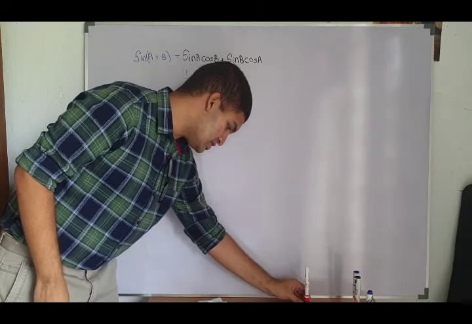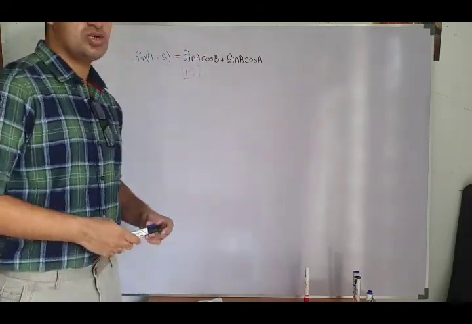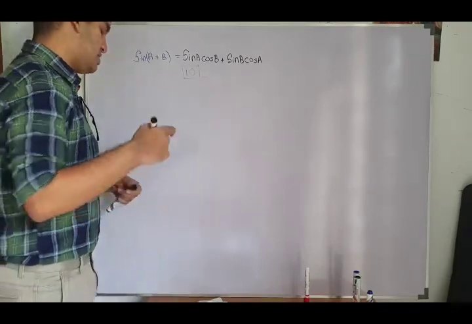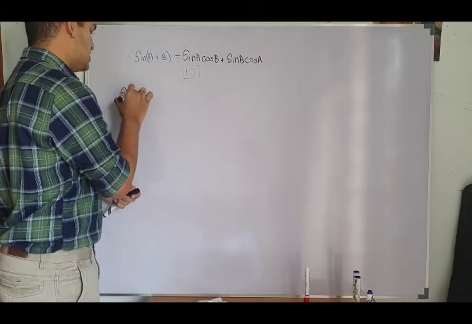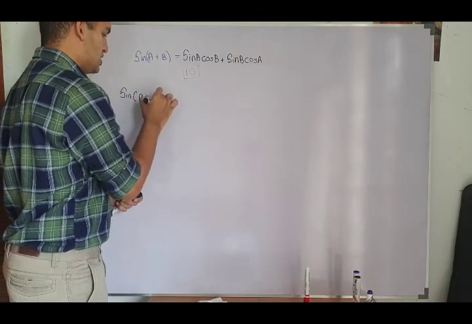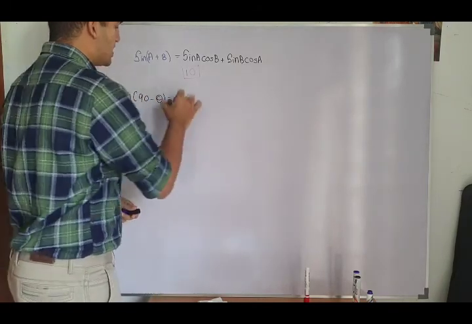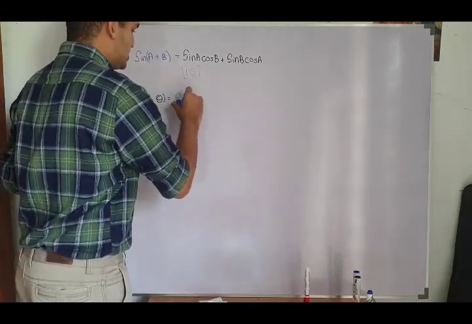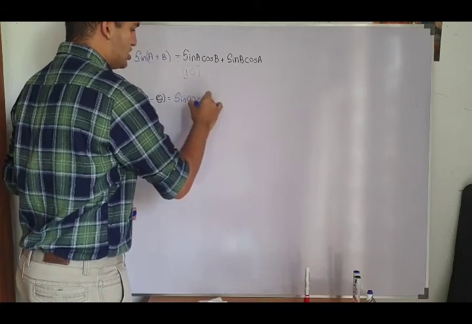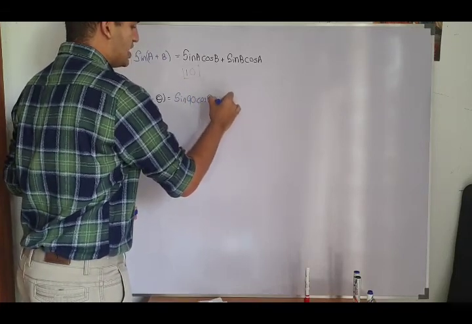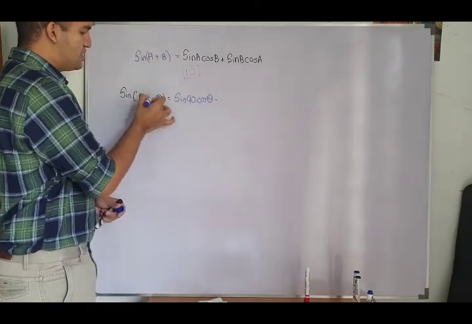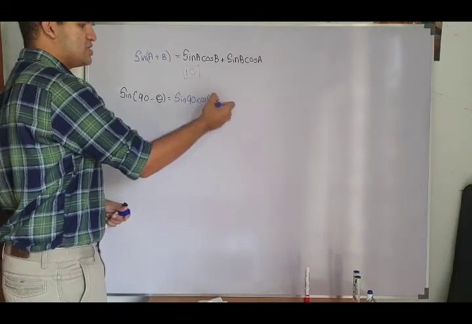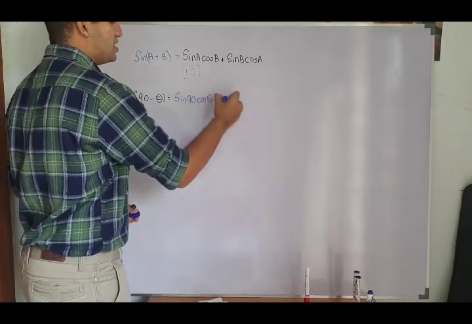So if we go to the next question, we have to prove that sin 90 minus theta equals cos theta. Sin 90 minus theta is equal to sin 90 cos theta minus, since there is a minus sign, sin theta cos 90.